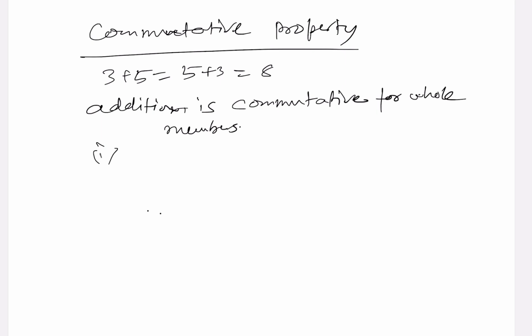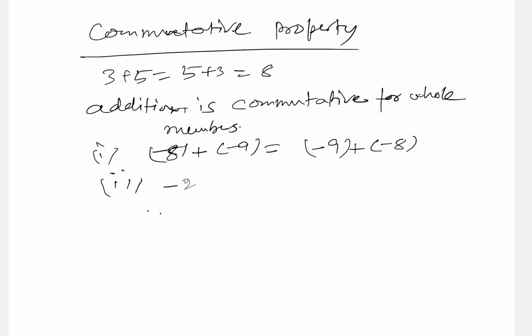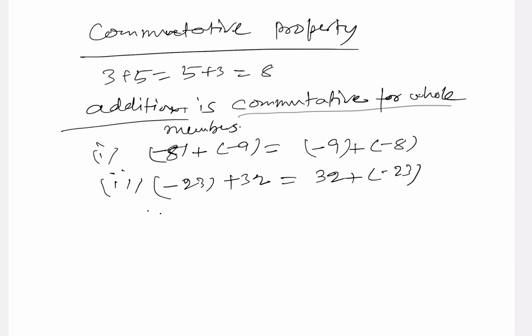First example is -8 plus -9 is equal to -9 plus -8. Second, -23 plus 32 is equal to 32 plus -23. Thus, we can say this addition is commutative for whole numbers.